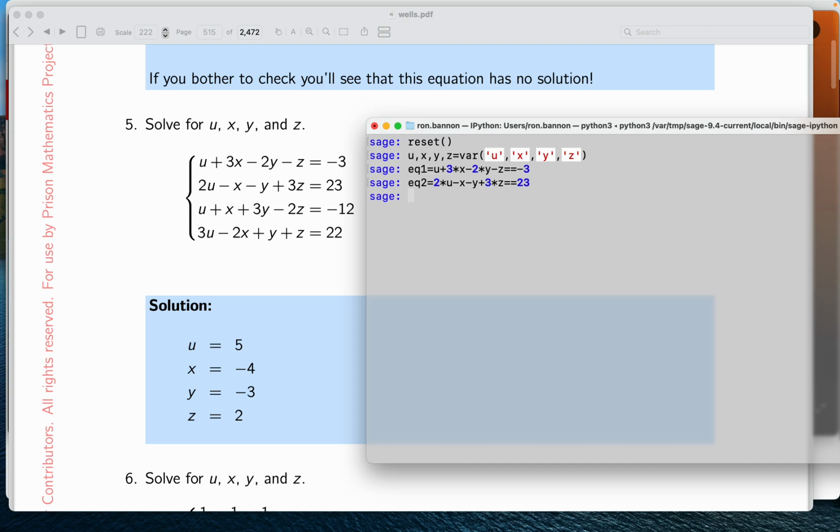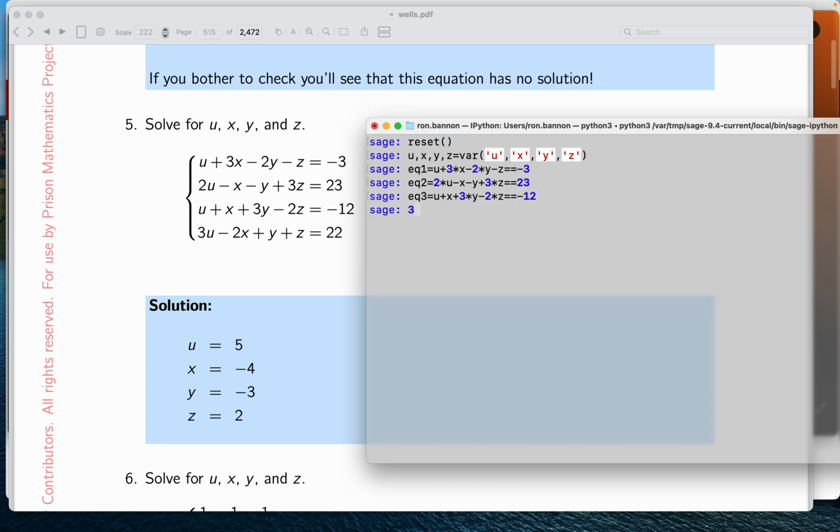Even typing in is tedious, right? So equation 3, EQ3, is equal to u plus x plus 3 times y. You notice I use the star for multiplication. That is necessary in Sage. 2 star z, and that equals minus 12.